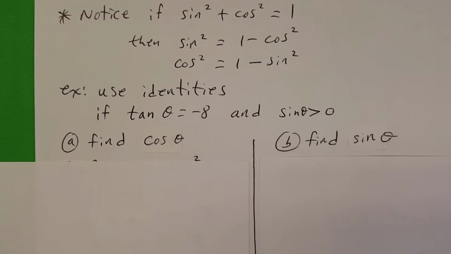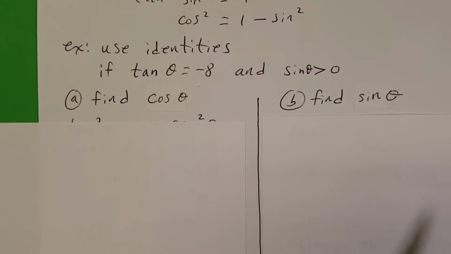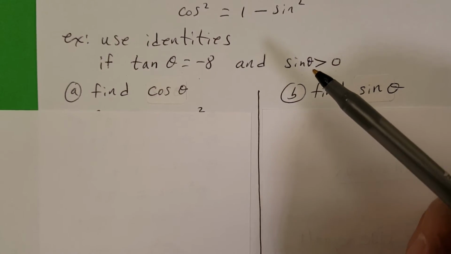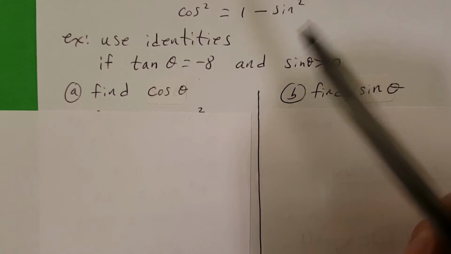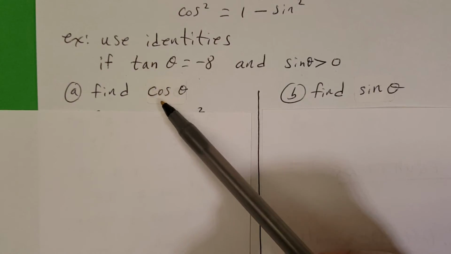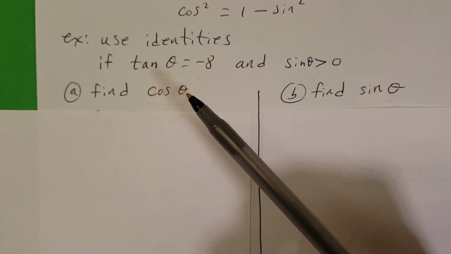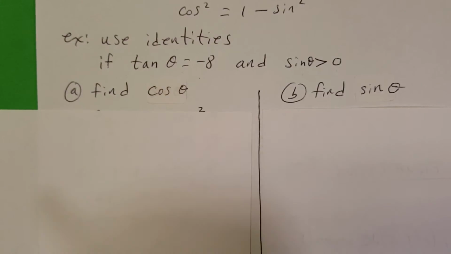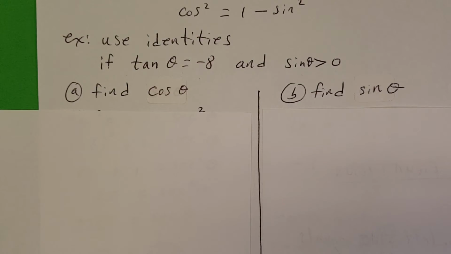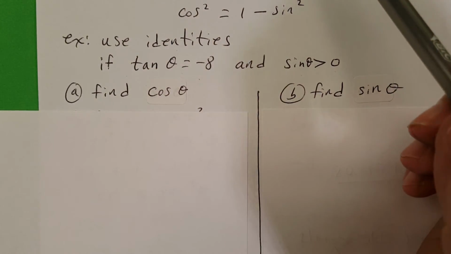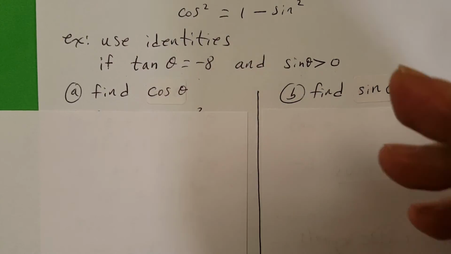All right, I'm ready. So, do we have an identity that connects or hooks up or relates, right, tangent and cosine? No, we don't. We do not. Not the Pythagorean identities. So you look up and down, which one can we use?